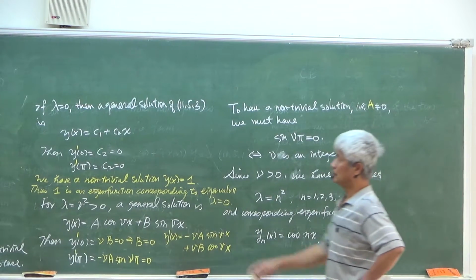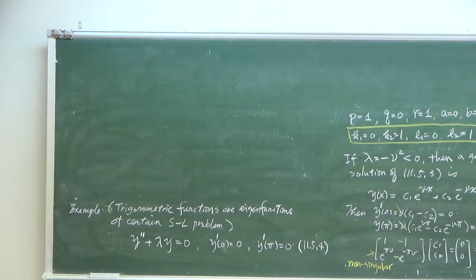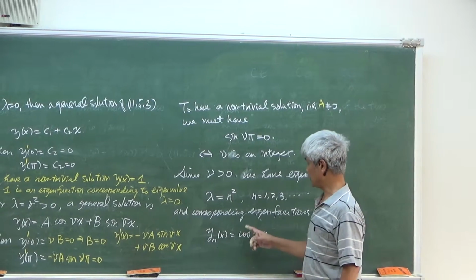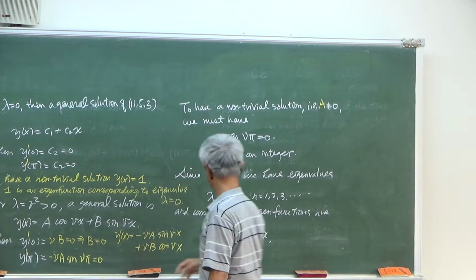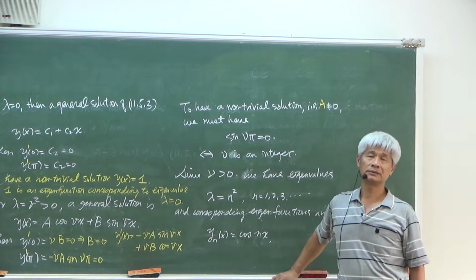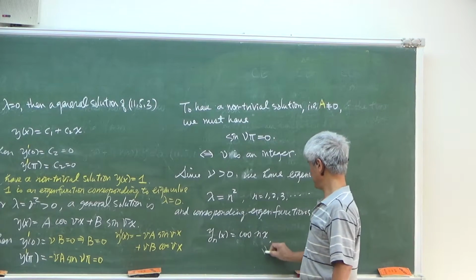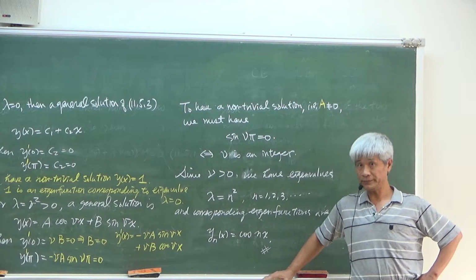For this example, the eigenvalues are 0, 1, 4, 9, 16, 25, 36, etc., and the corresponding eigenfunctions are the constant 1 and cosine nx. Any questions about the second example?